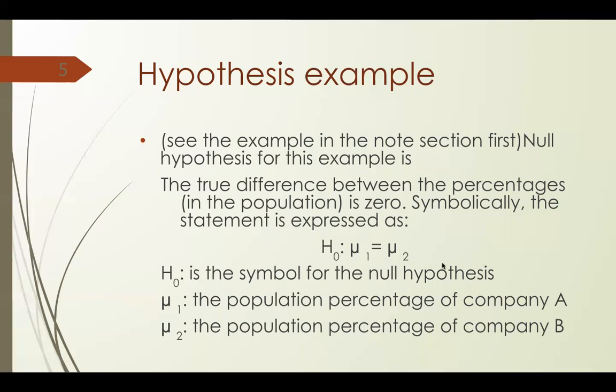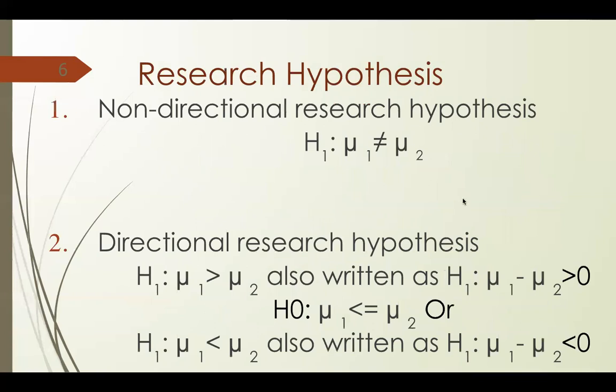Okay, so let's go to the next one. I think when we get to a directional hypothesis, that becomes a bit more clear. So when your null hypothesis is non-directional, your research hypothesis, which is hypothesis 1, is also non-directional. They have to be mutually exclusive because when you are making a conclusion, you always base it on the null hypothesis.